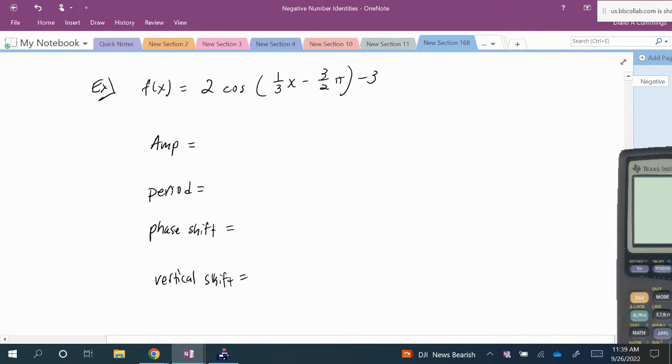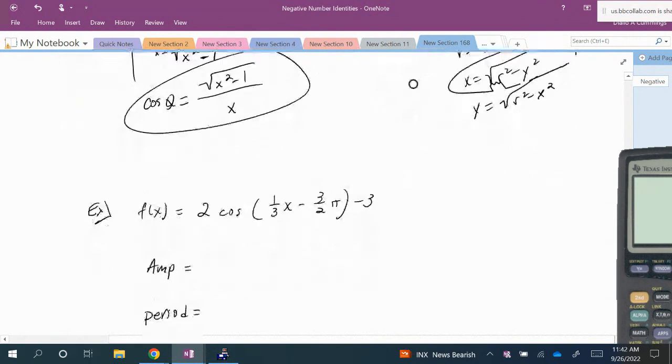So that's f of x is equal to 2 cosine (1/3 x minus 3/2 pi) minus 3, and we're asked to find the following.